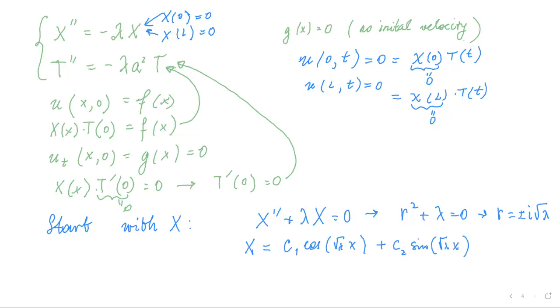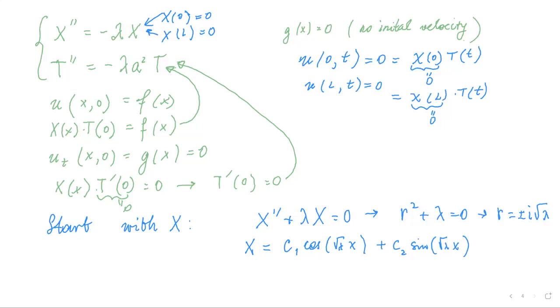Remember, like in the previous section, this lambda is not the lambda from z, right? That's actually like square root of lambda is mu, right? And because we don't have any real part here, there's going to be no exponential factor in front of it. Normally we have to have e to the power of lambda t, right? But we're not going to have it here just because we don't have any real part.